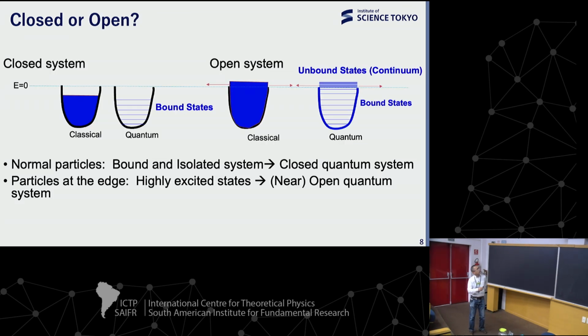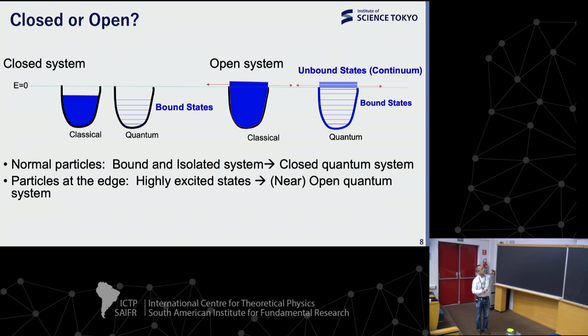So, closed quantum systems and open quantum systems can be schematically shown here, okay? The closed system is like bound states, bound nuclei, while open quantum systems are like unbound states like this way. So we know that normal particles, like stable nuclei, are kind of bound and isolated systems, so they are closed quantum systems.